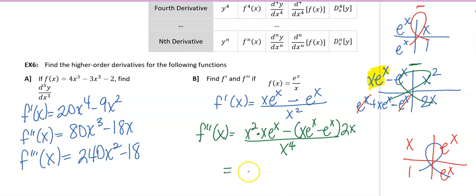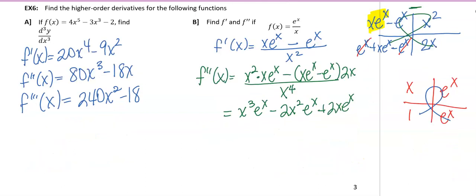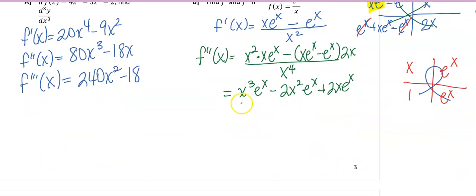I'm going to clean up what I can. x to the third e to the x, minus, distributing the 2x, looks like 2x squared e to the x, plus 2x e to the x, all over x to the fourth.